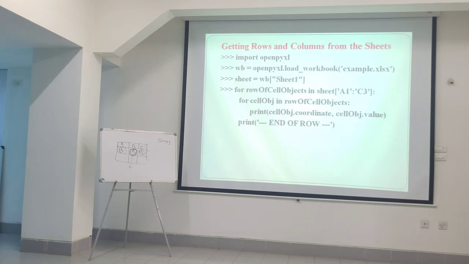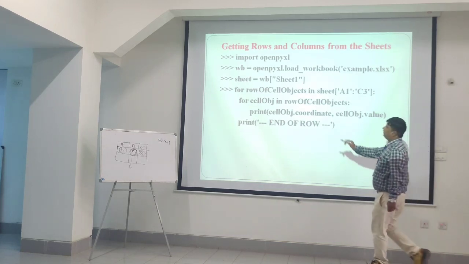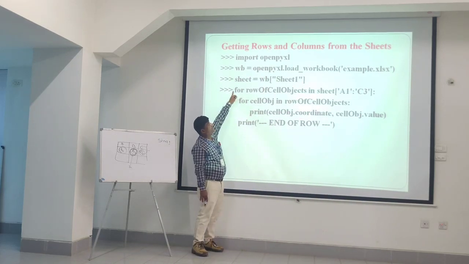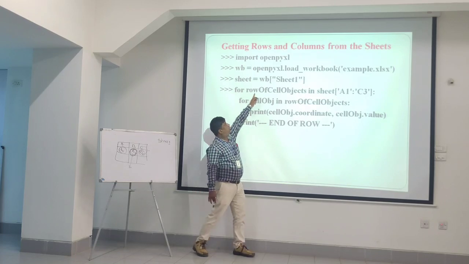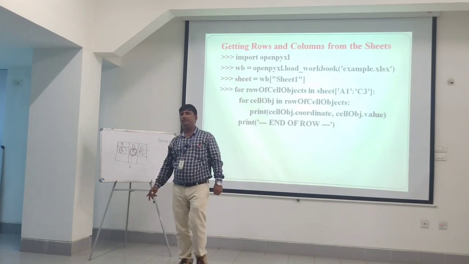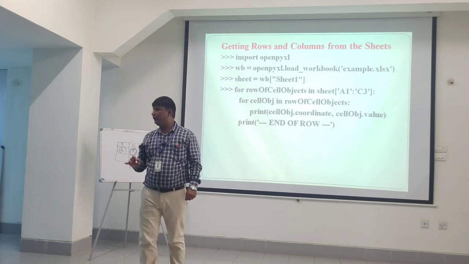There is one more concept, very very important: getting rows and columns from the sheets. So first import openpyxl. Next, sheet is equal to wb dot sheet 1. Why am I using sheet is equal to wb sheet 1 every time?